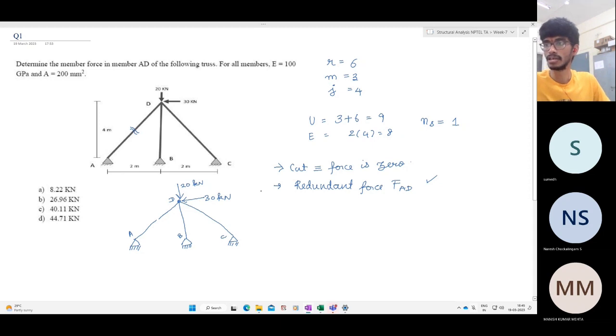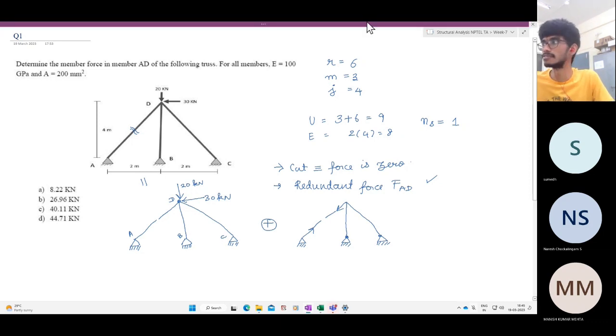Now, if you have to express this condition as a superposition of two structures, one is this and the other is this. Let me draw this.